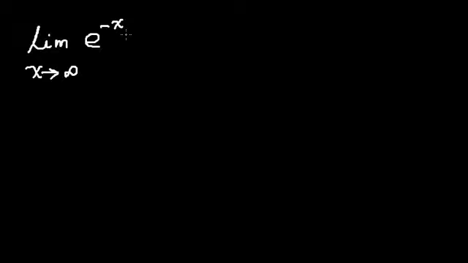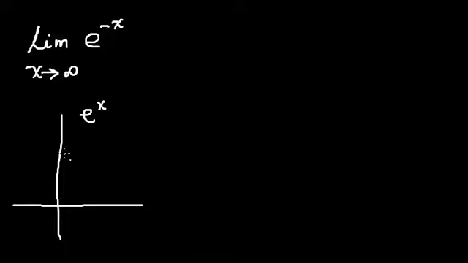Alright, now to answer this, we need to understand what e raised to negative x looks like. So first, let's see now. If I had e raised to x, the function, of course, looks like this. Right, and obviously, this is a 0 and a 1.